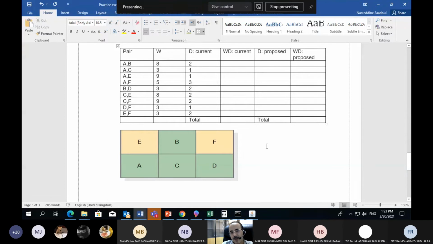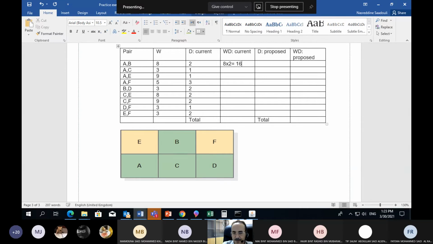Which means that we can therefore calculate the WD scores for the current plan, and it's simply the multiplication of the weight by the distance.